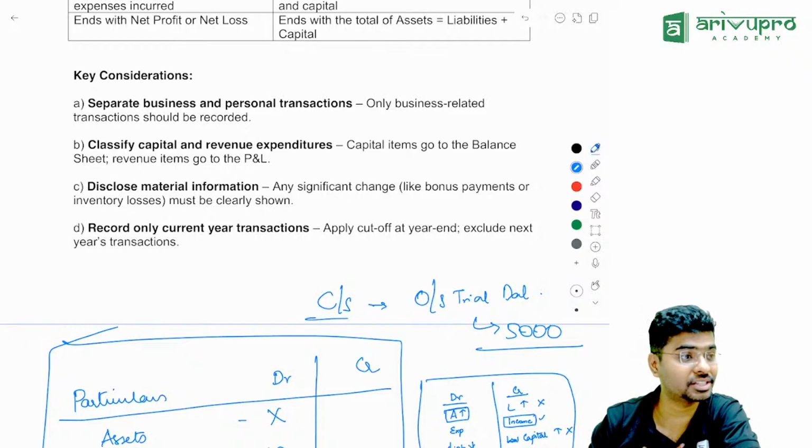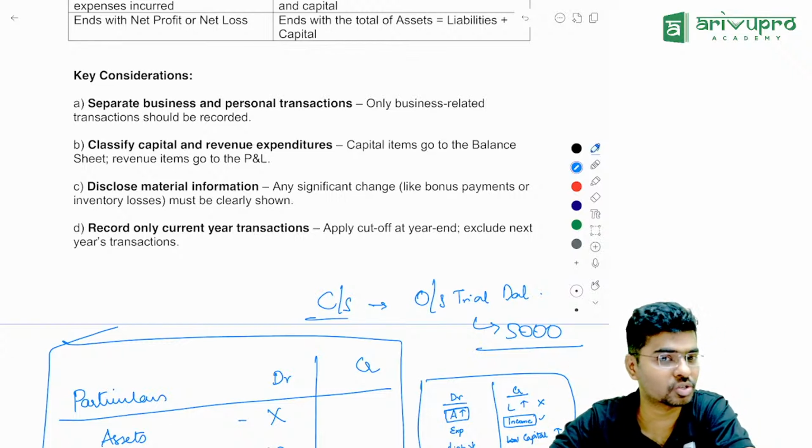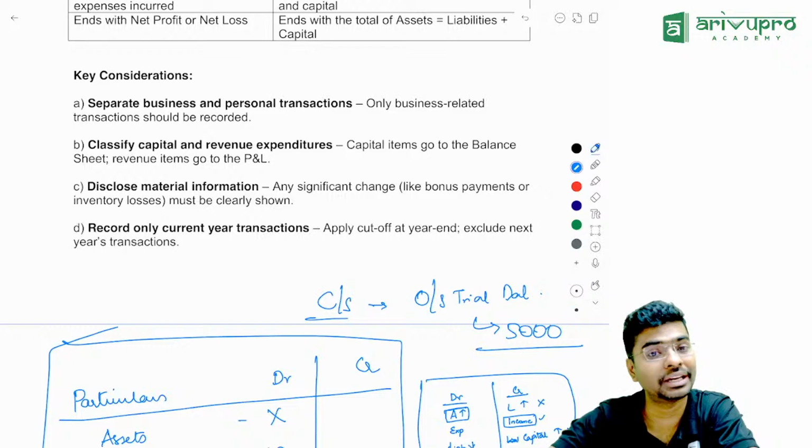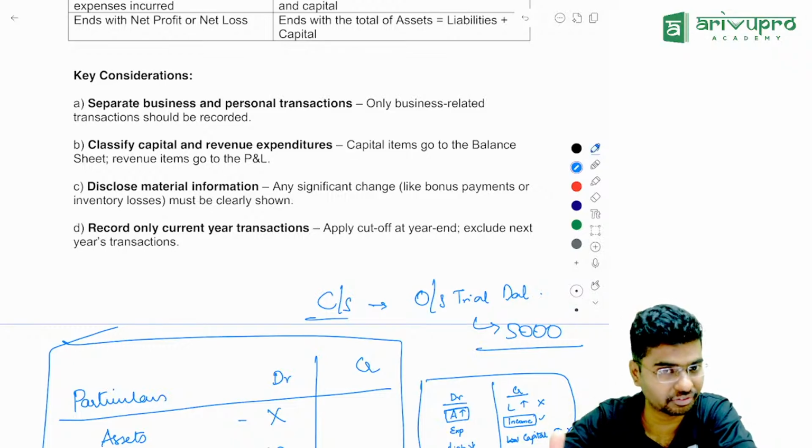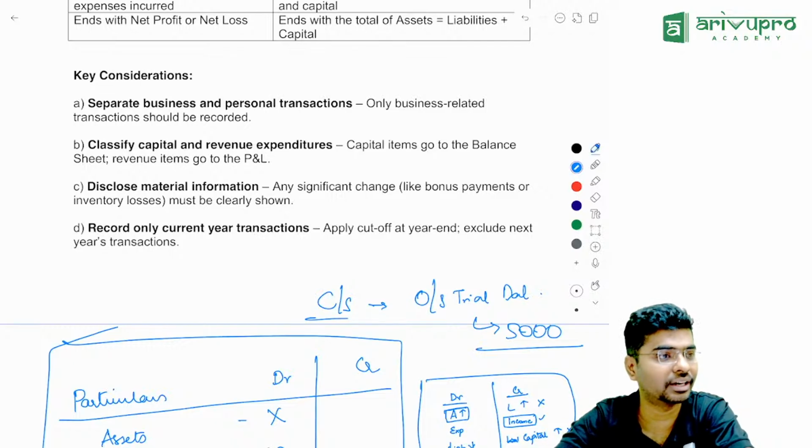Any transactions which do not belong to the business, that means any personal transactions of the owner, have to be taken as part of capital or drawing and removed from the books. Clear with the first one? Second classification, difference between capital and revenue. I had asked you guys to revise it on Saturday.